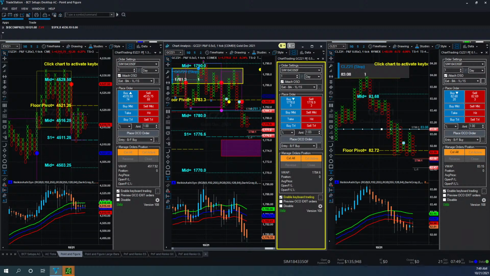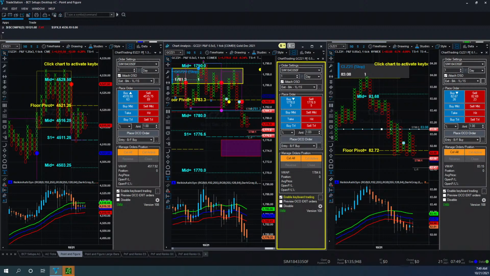Crude is reacting to the upside as well, respecting that support. That was the entry right here.